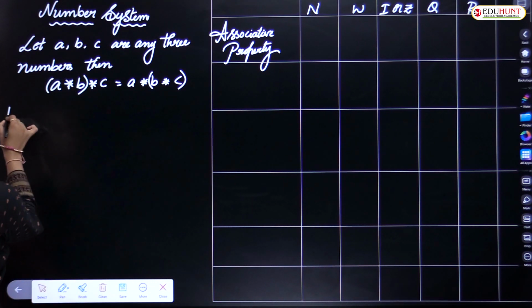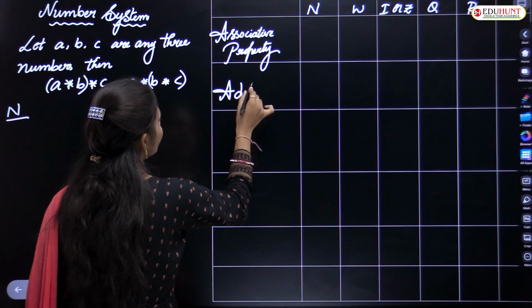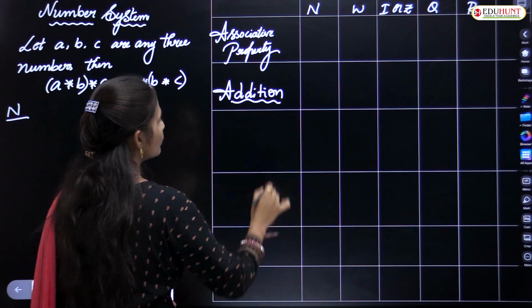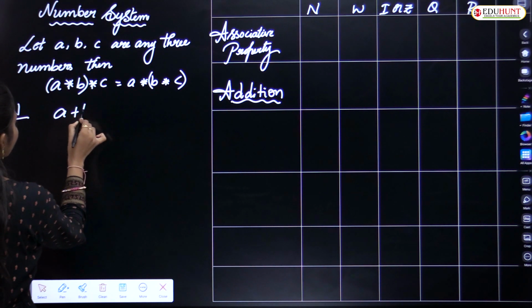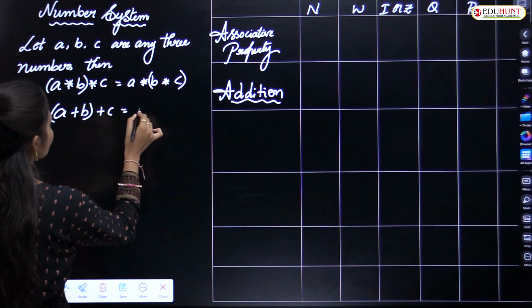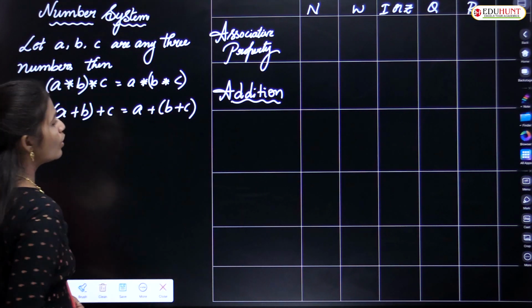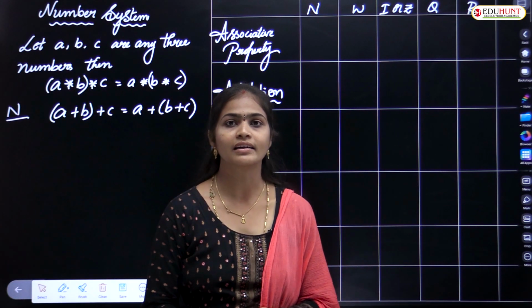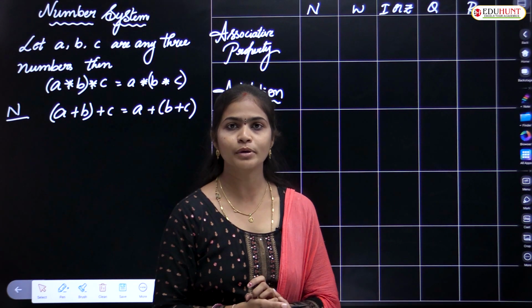For natural numbers under addition, first we will discuss addition, just like the commutative property. Under addition, we apply it as (A plus B) plus C equals A plus (B plus C). If you change the order, that is the commutative property.